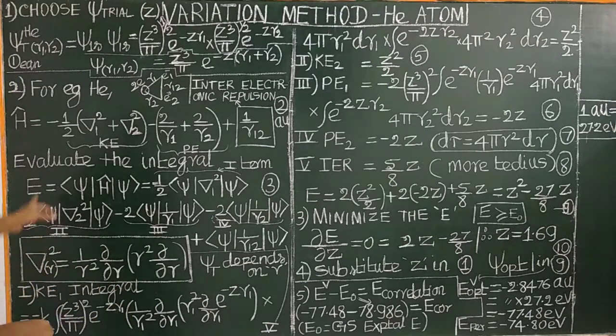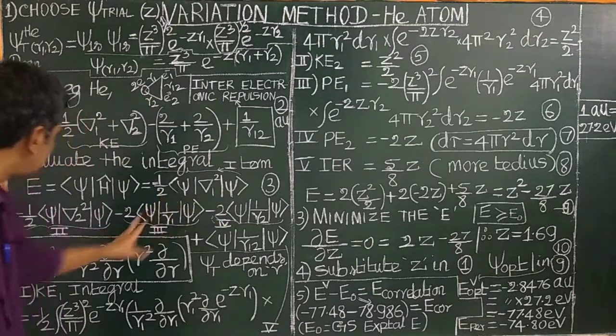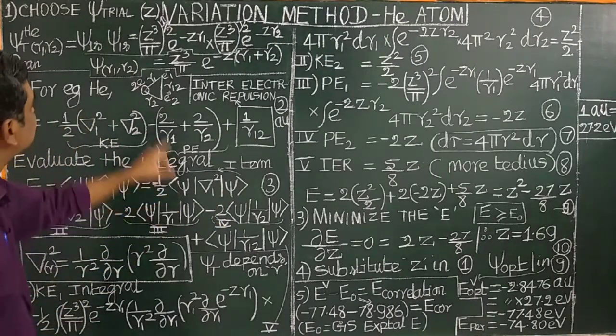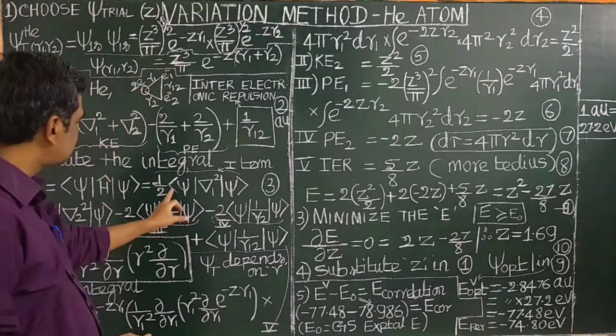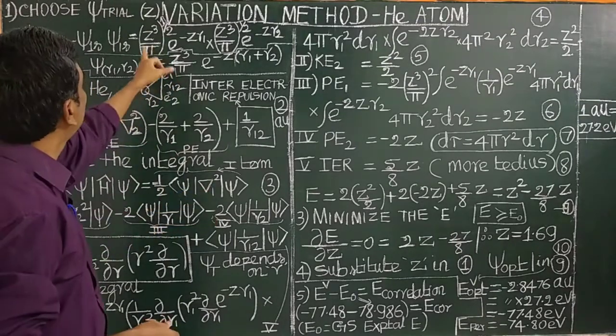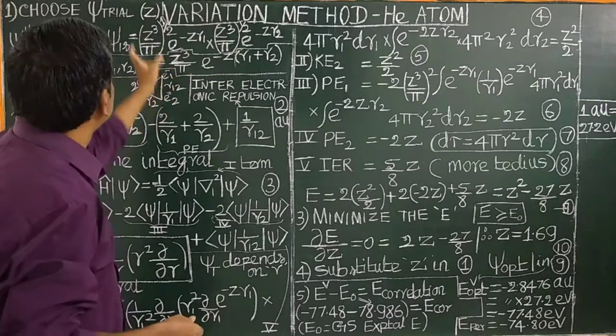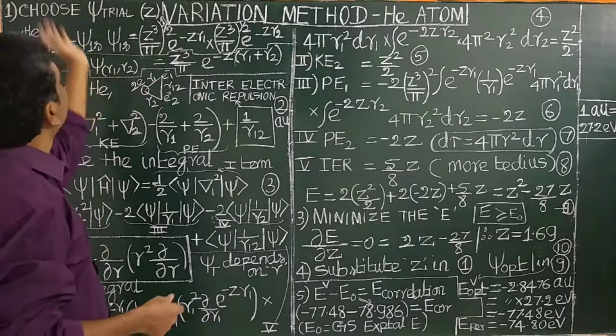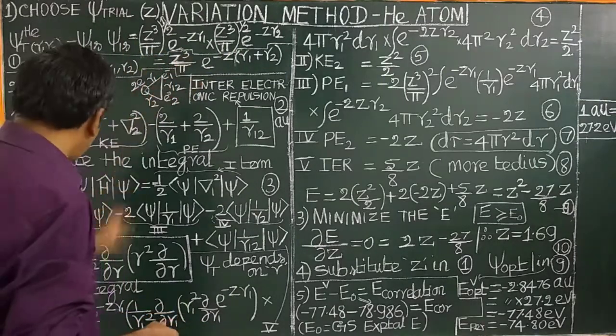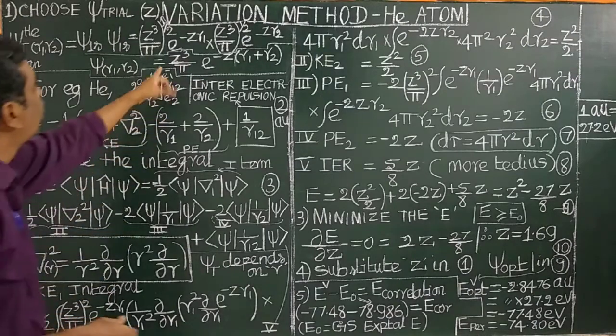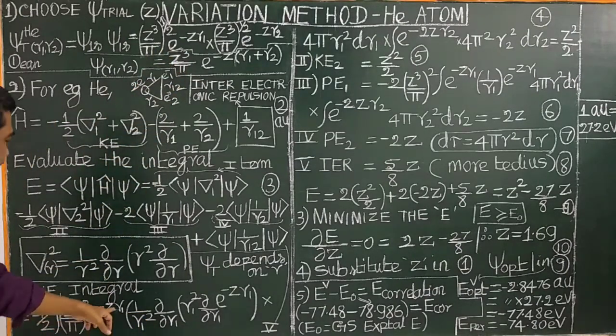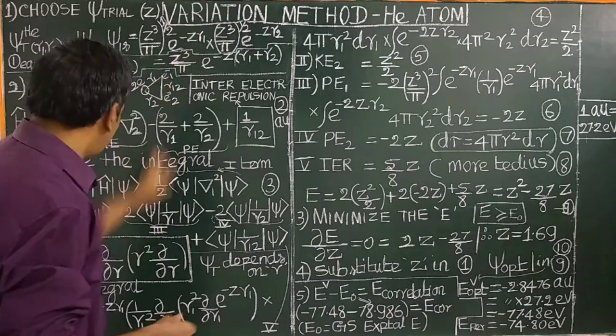Let us now evaluate the first integral, minus 1/2 ⟨ψ|∇1²|ψ⟩. Therefore, the factor appears twice, one on each side, so (Z³/π) squared times e^(−Zr1).